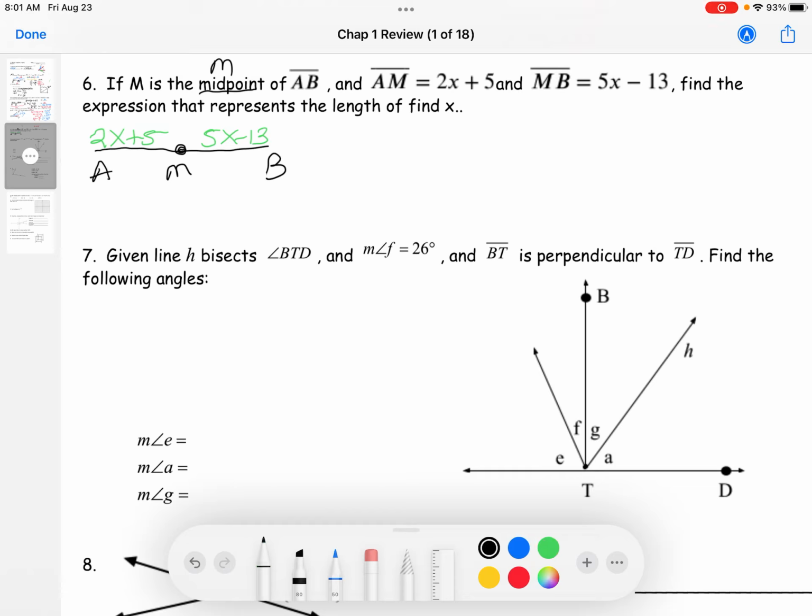Okay, this particular problem has both segments. Okay, and so this equals that. Okay, so let me erase those marks, and then I've got 2x plus 5 equals 5x minus 13. I'm going to subtract 2x from both sides.